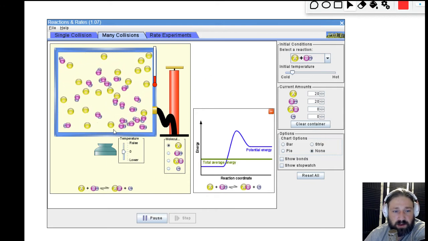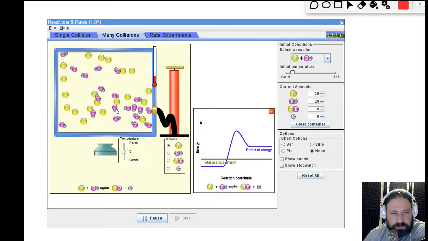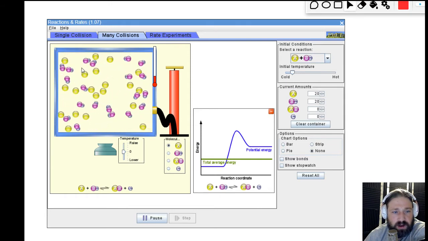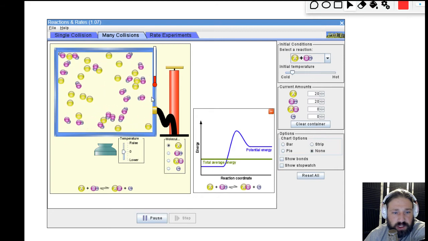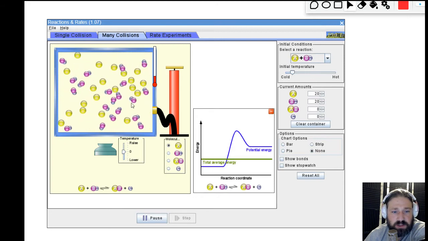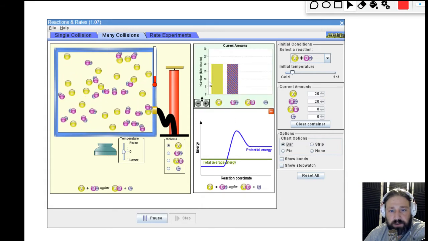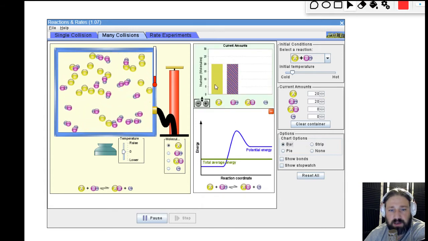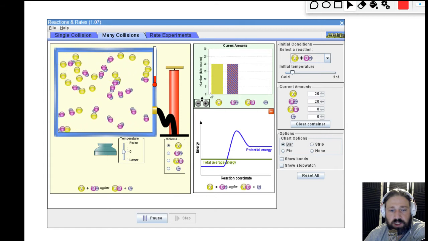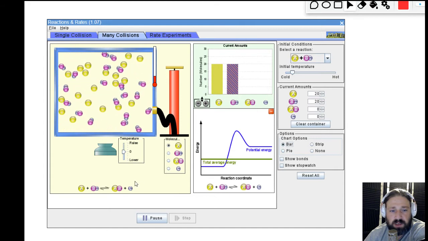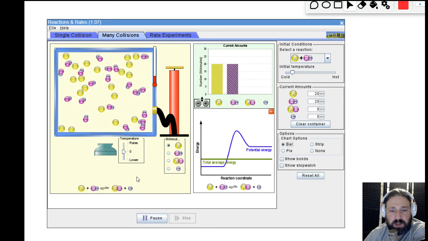Now you're looking around, looking at this, and you can see not much is actually happening here. Not a lot of them are changing. That's because the kinetic energy is pretty low. I'm going to add in a bar chart here so we can actually see them changing, if there is any. And we're not really seeing much going on.